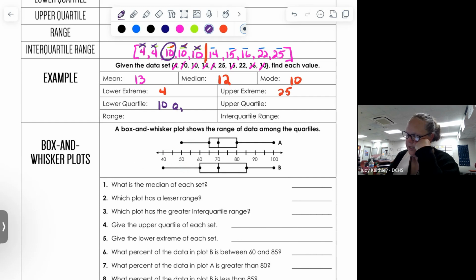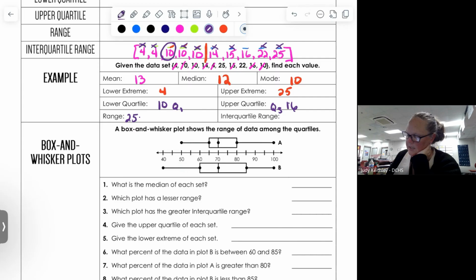Our upper quartile is our Q3. We're going to do the same thing. 1, 2, 1, 2. And that number right there in the middle is the Q3, which is 16.